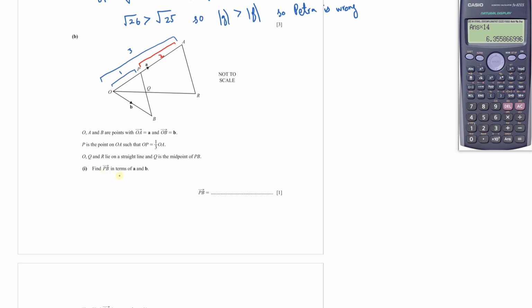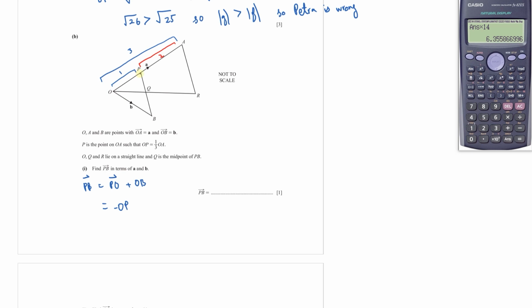First part is find PB in terms of a and b. So PB is this vector. So I can write using the head to tail rule, PB will be PO plus OB. And PO is minus OP.